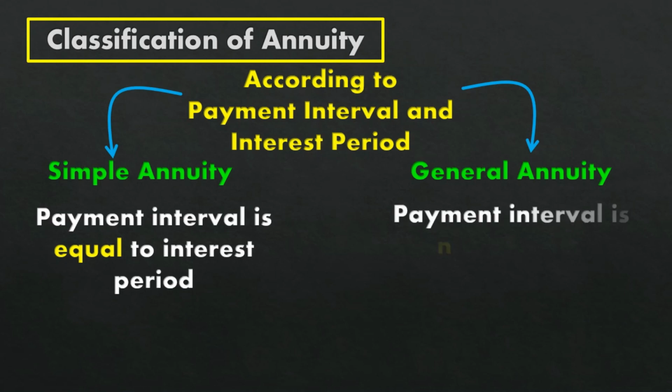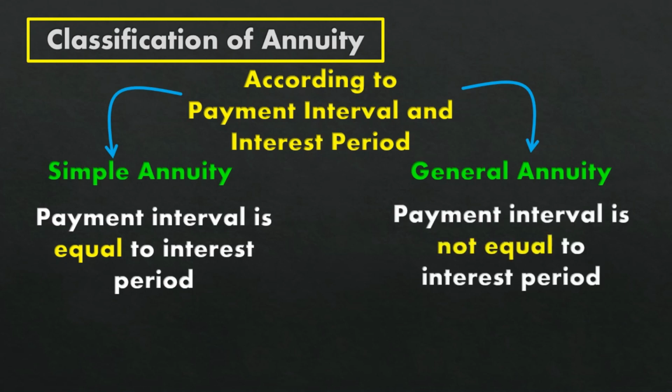Pag general, yung payment interval mo ay kaiba doon sa interest period. Halimbawa, nagbabayad ka monthly, payment interval yon, pero yung interest mo, let's say, yearly or annually, interest period yon. So, magkaiba sila, monthly tsaka yearly. That is called general annuity.